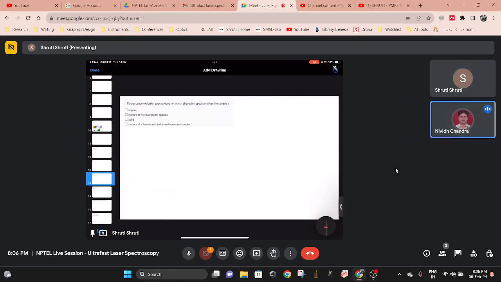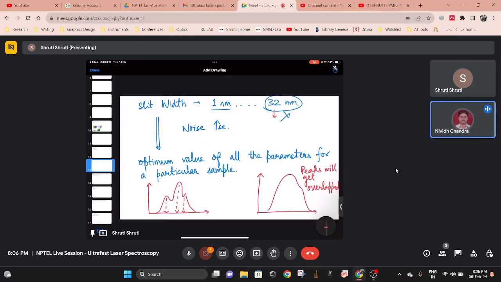I have just a query actually. This slit width, if we say 5 nanometer, does it mean delta lambda is 5 nanometer, a resolution difference of 5 nanometer, or is it just a physical thing? No, I think it's just the physical thing. It has nothing to do with delta lambda, because that also comes into the same order of nanometer.